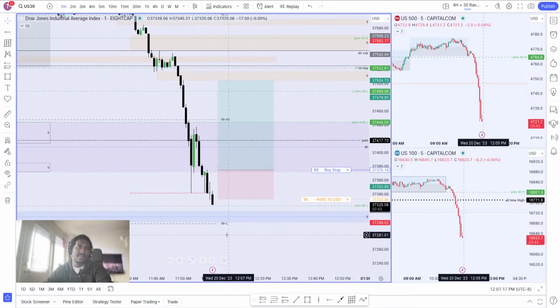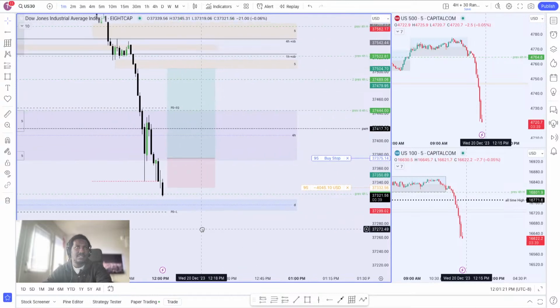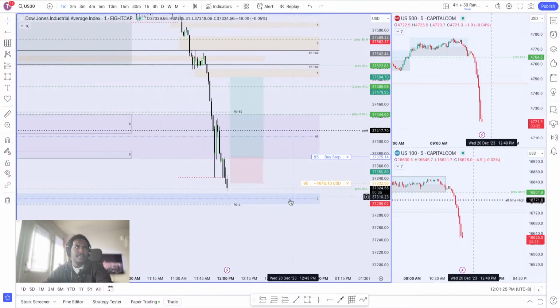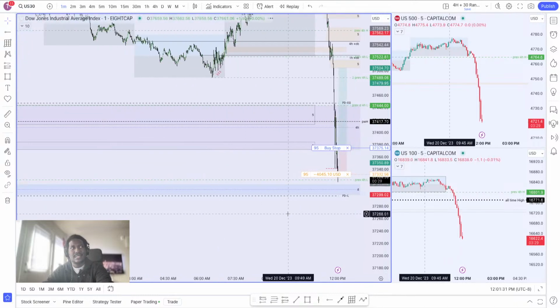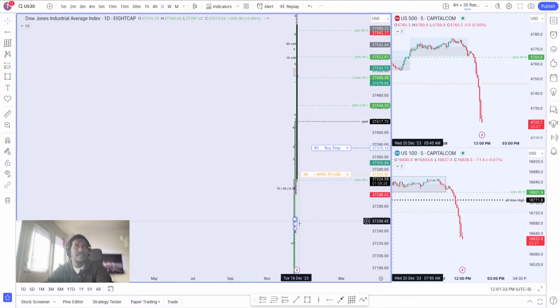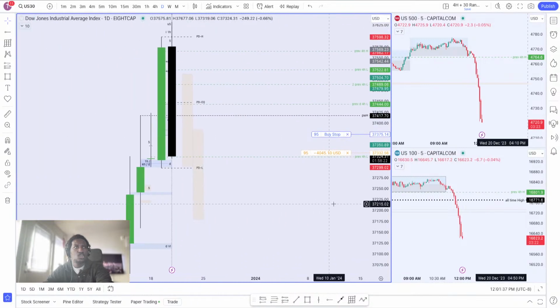This is what I was going to say: it would have been better if we can come in deep into this daily zone over here and then shoot up. But we are just about to get to yesterday's low, which is another high probability level where we can see price come and take that low.